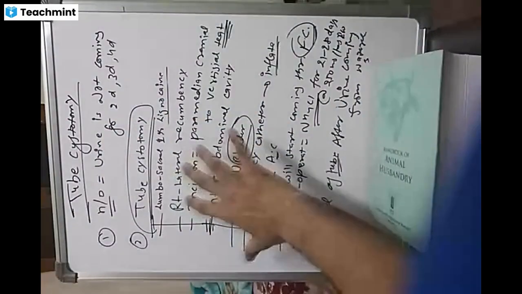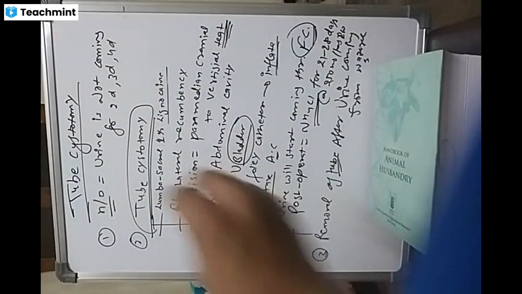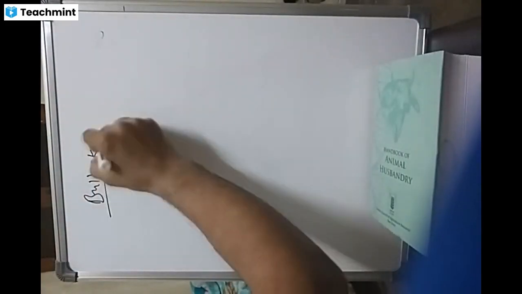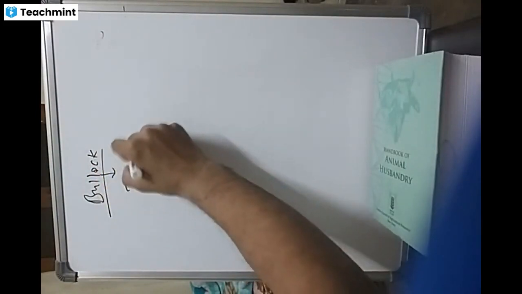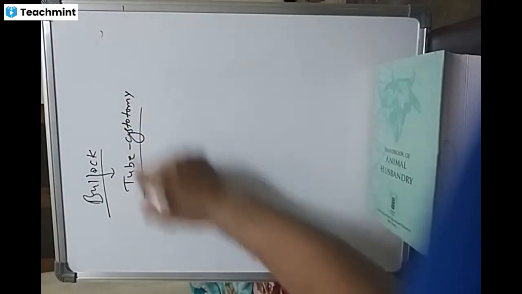So this is the tube in case of bypass side. But in case of urethrostomy in the male goat, the site is different.